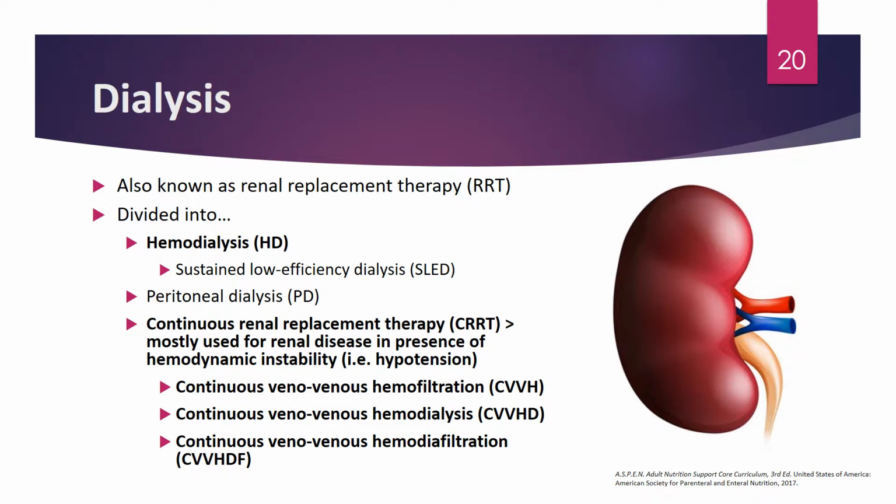Peritoneal dialysis is another mode of intermittent dialysis that is done. Basically, this is done with exchanges of fluid into the peritoneal space. So you have your own special dialysate associated with peritoneal dialysis.